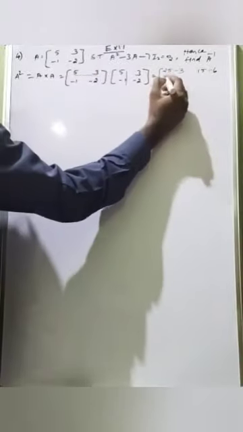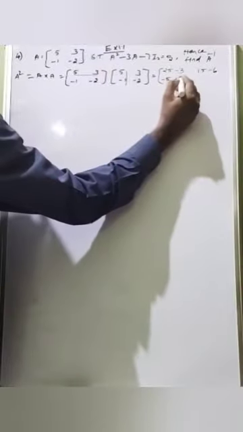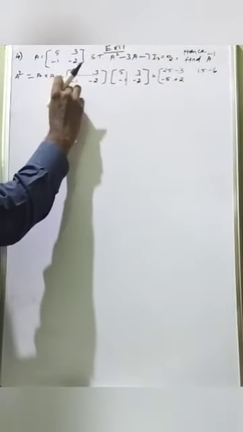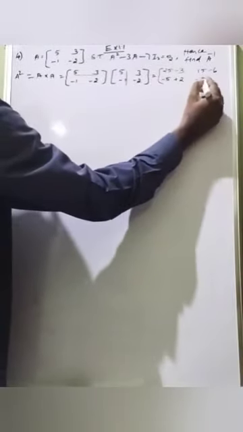Then second row, first column: minus 1 into 5, minus 5, plus 2. Then second row, second column: minus 1 into 3, minus 3, minus minus plus 4.